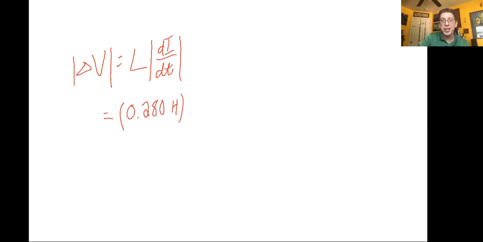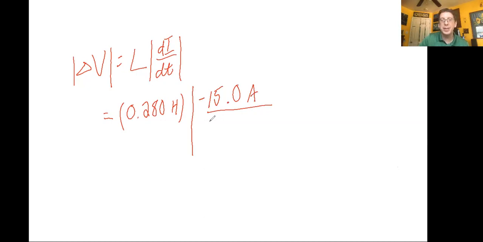And so it's a steady change. So it's negative 15 amps because it's decreasing by 15 amperes. And the denominator, so this all takes place in 360 milliseconds. So again, convert milliseconds to seconds.